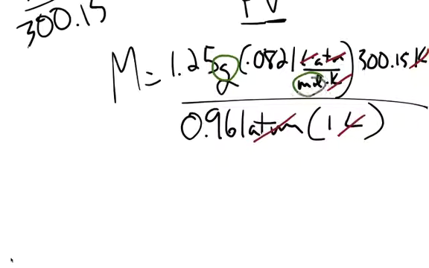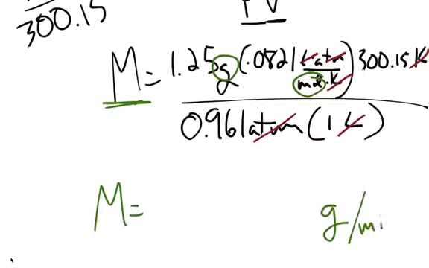Grams, and then over moles. So moles is on the bottom. Well, grams per mole, is that what I want? Well, of course that's what I want, because that's what our molar mass is calculated in: grams per mole. So my units do still cancel. So it's important to see that. Sometimes we get very carried away with just plugging numbers into calculations and getting an answer and not showing it the right way. If we also put our units on, we'll know that our numbers are coming out correctly as well.